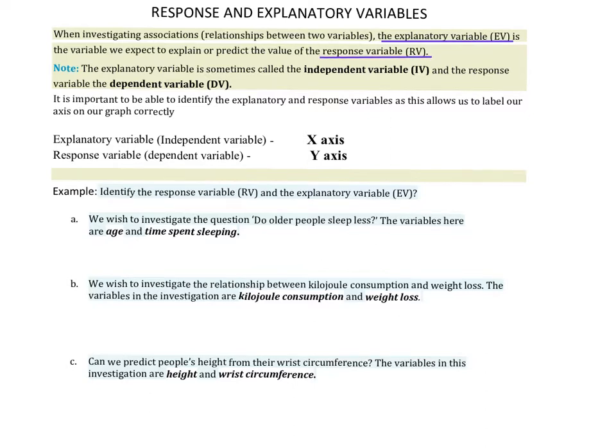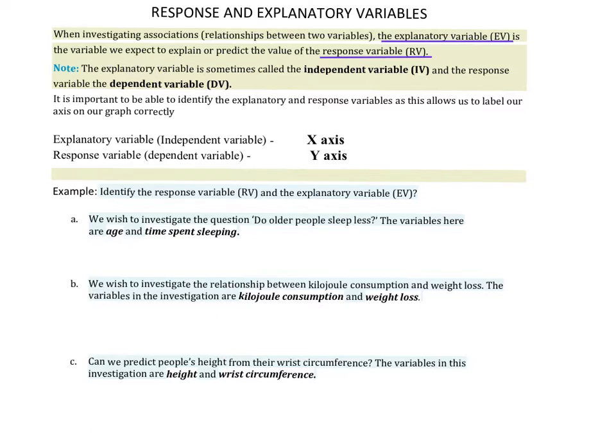So before we start looking at any graphs for this particular work, what we need to be able to do is work out which variable is our explanatory and which one is our response variable.